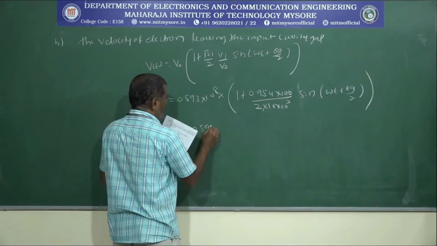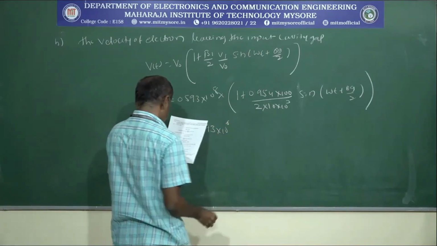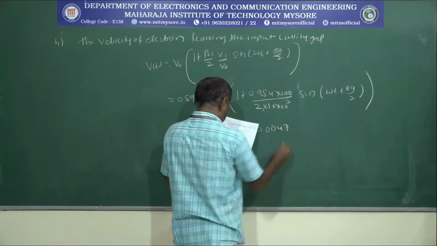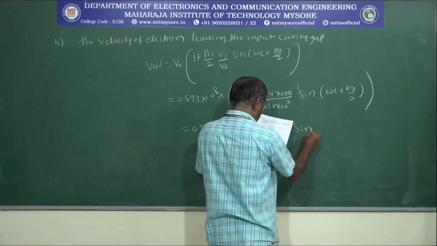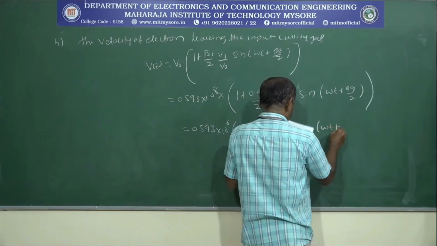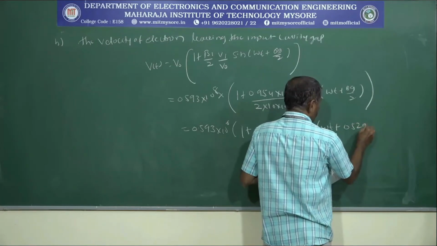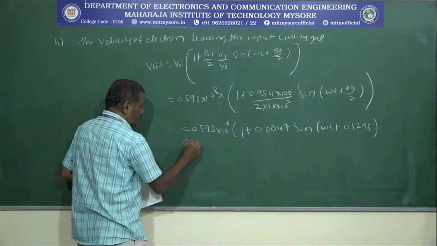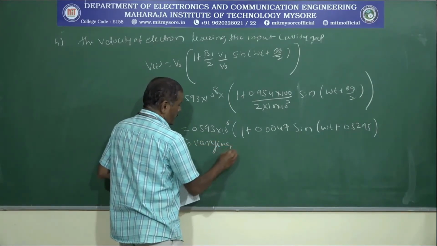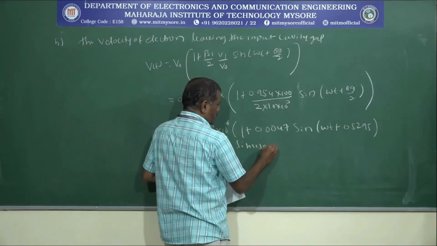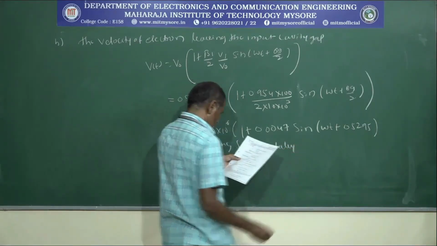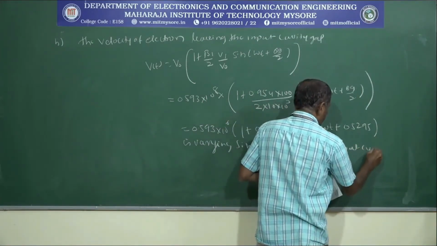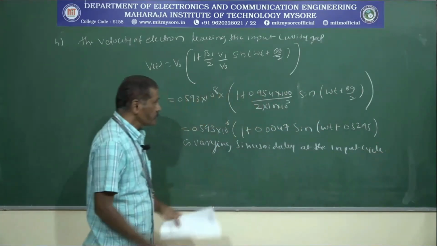So this is equal to 0.593 into 10 to the power of 8 into 1 plus 0.0047 into sine of omega t plus 0.5295, and it is varying sinusoidally at the input cycle.